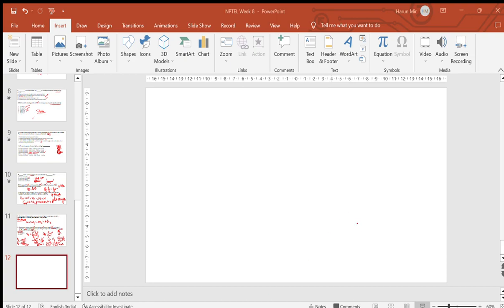It comes around something like this. It is 7.9 into 10 to the power of minus 4. You just have to take the value of D as 40, right?